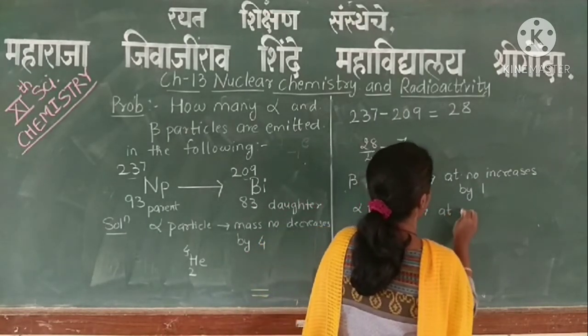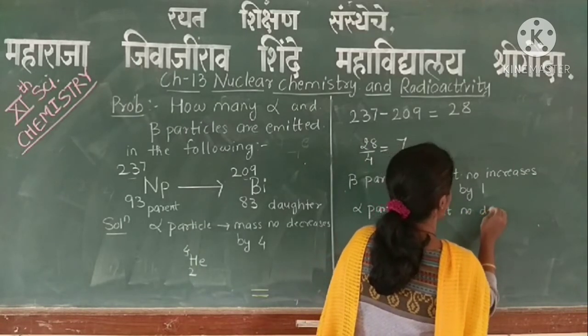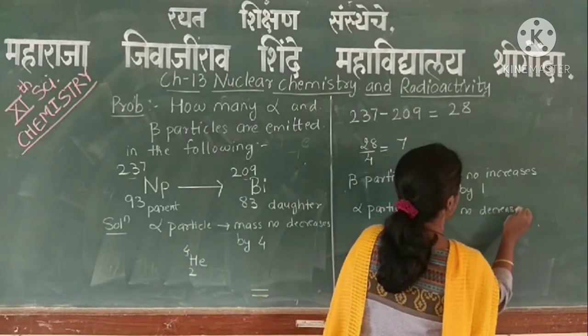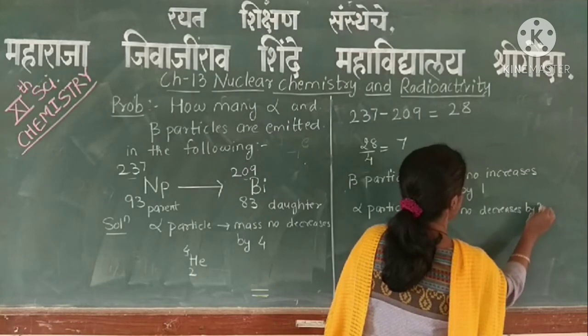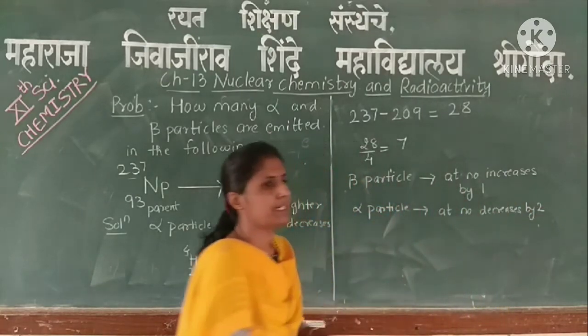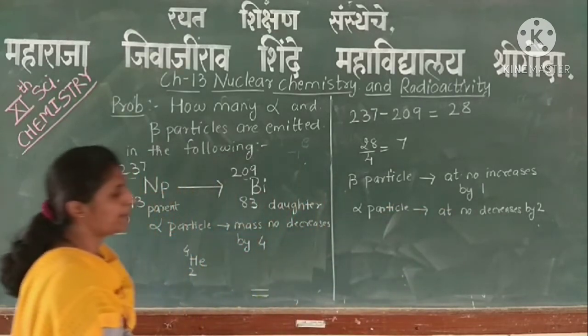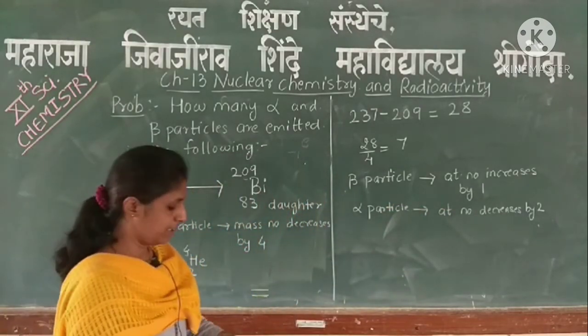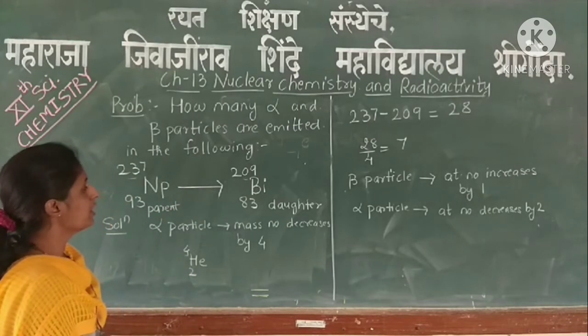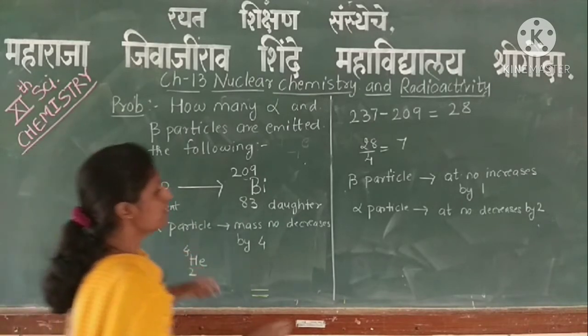Atomic number decreases by 2. When your beta particle is emitted, atomic number increases by 1, and when your alpha particle is emitted, atomic number decreases by 2. Now here, what is the difference?